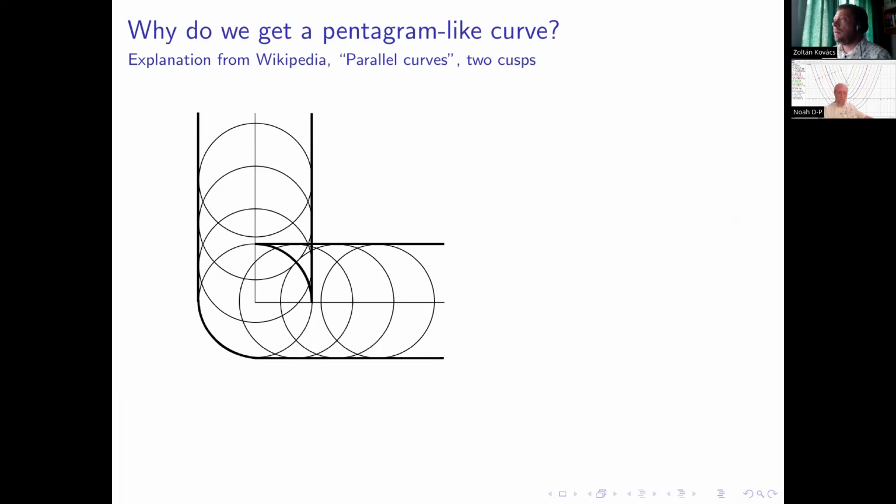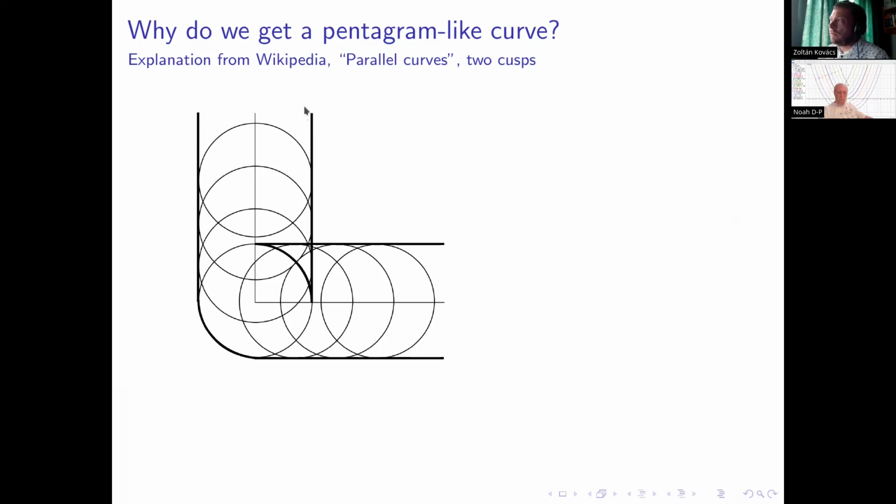One more idea to explain the situation. If you have a curve here, it's again very similar to the absolute value function, just rotated by 45 degrees. Then if you want to create the offset curve for this kind of letter L, first of all, you have a simple curve on the one side.